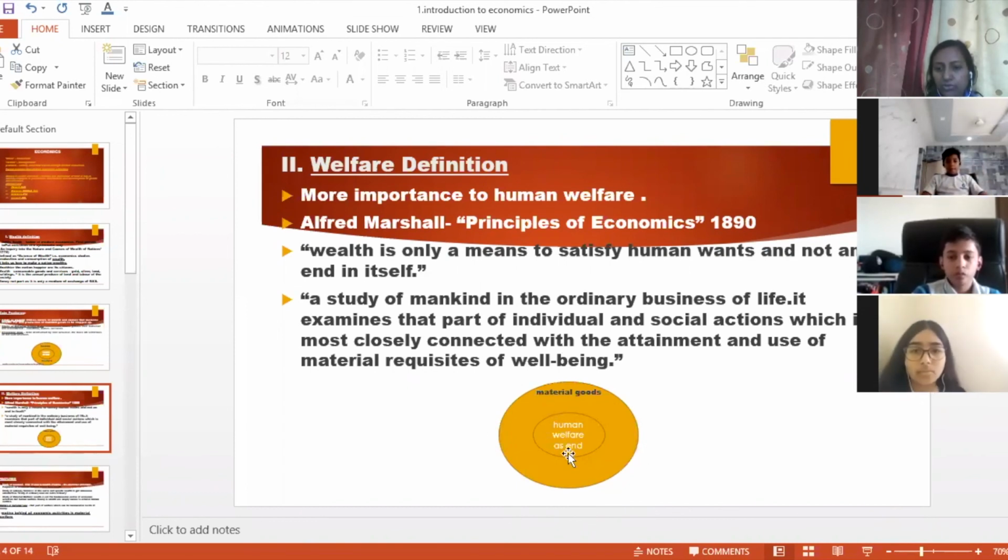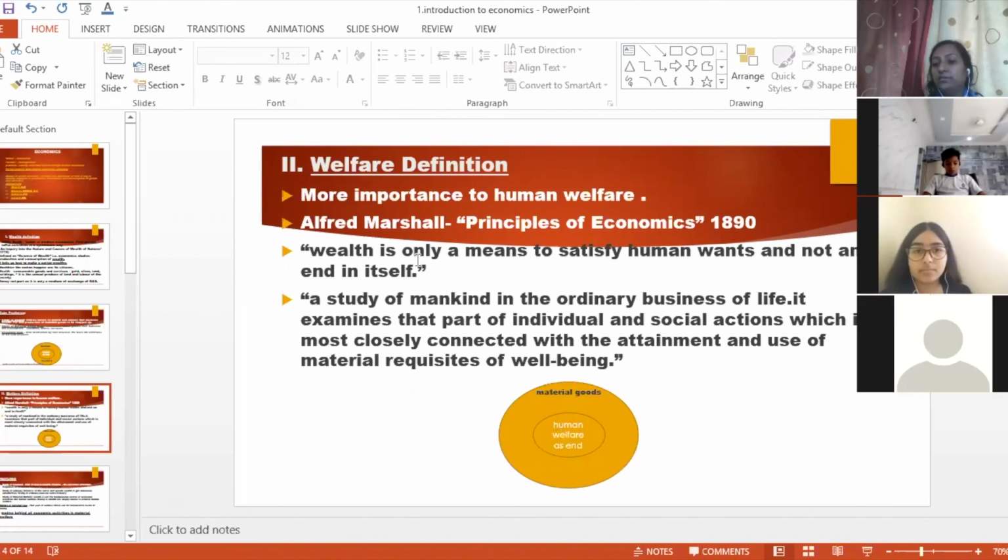So human welfare is the end of whatever economic activity you are doing. According to him, wealth is only a means to satisfy human wants, and it cannot be an end in itself.